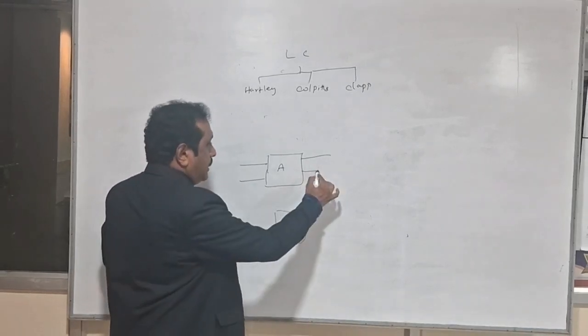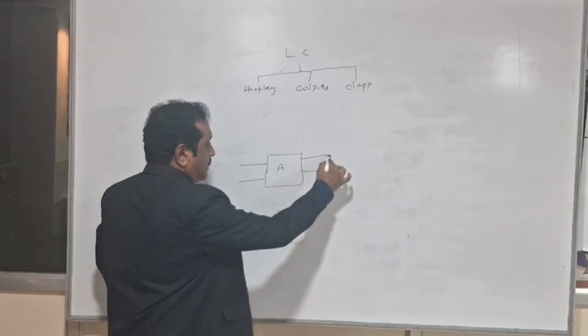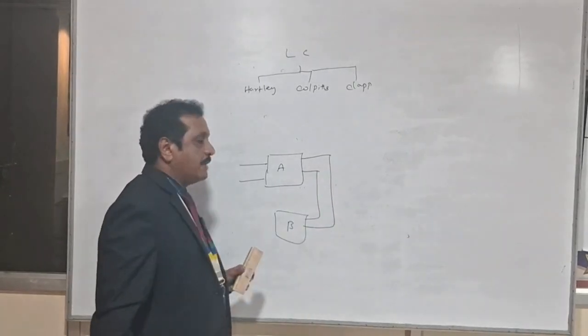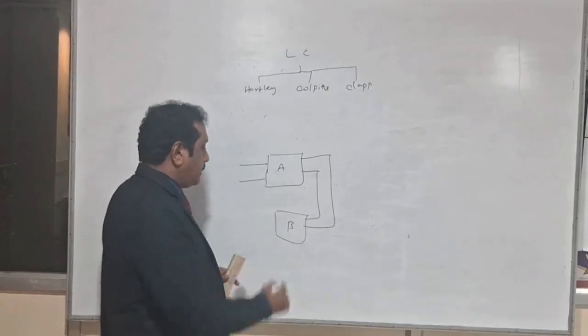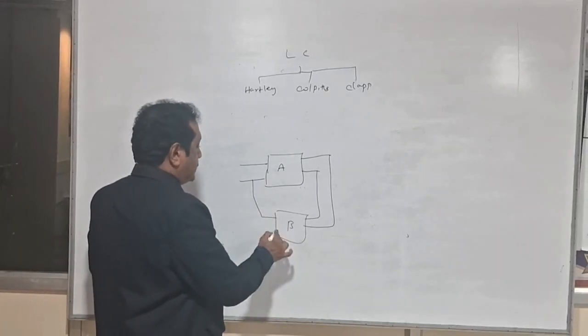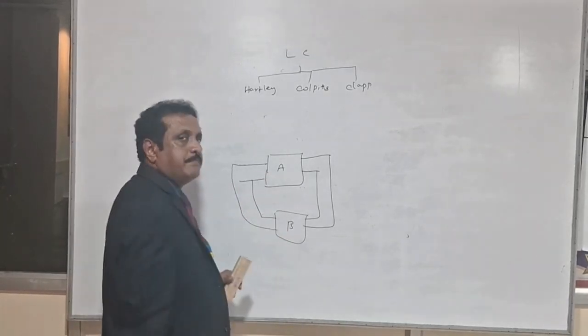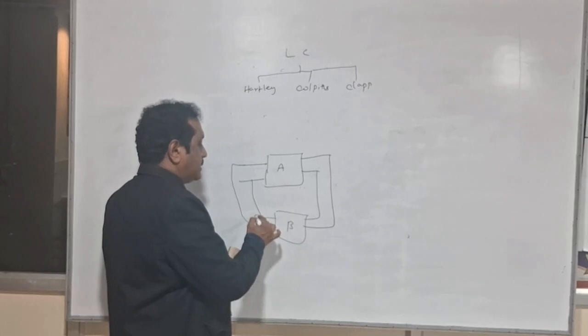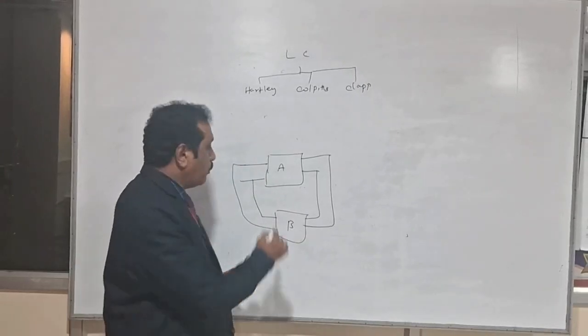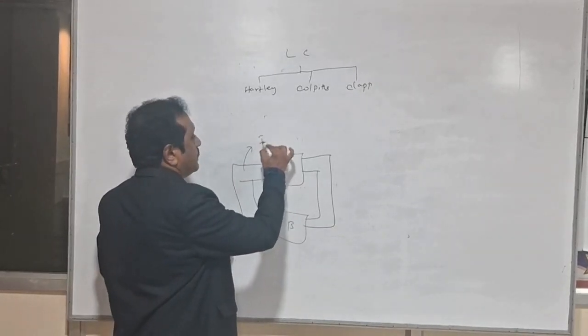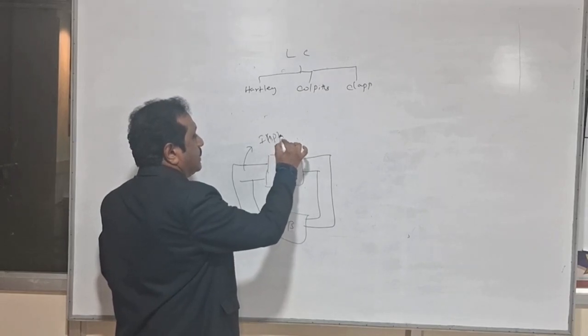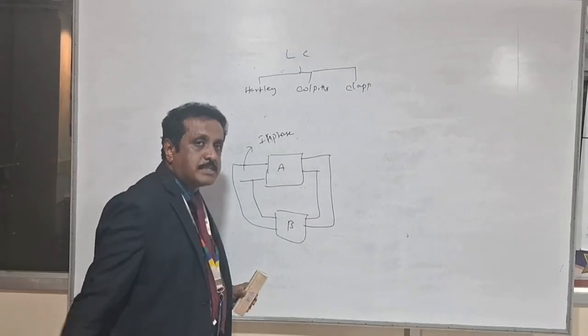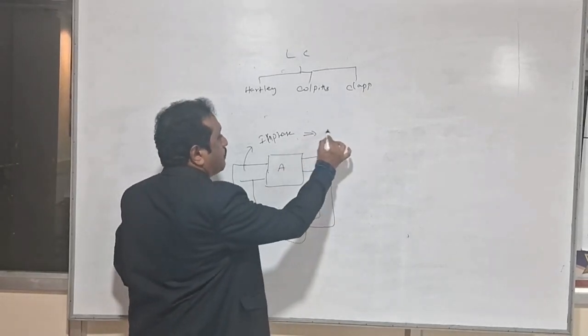Now, the output of the open loop amplifier will be given back to the feedback network. From the feedback network, the signal will be given back to the input. Based on this, if the feedback signal is in phase with the input signal, then it is known as positive feedback.